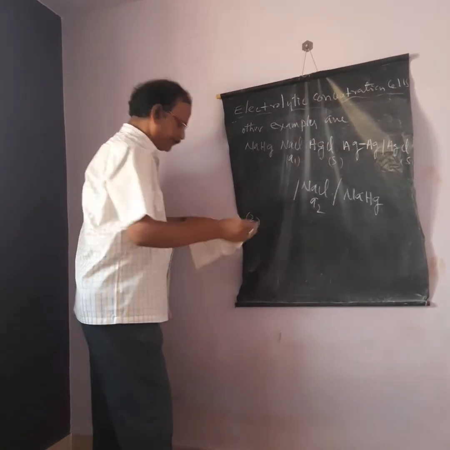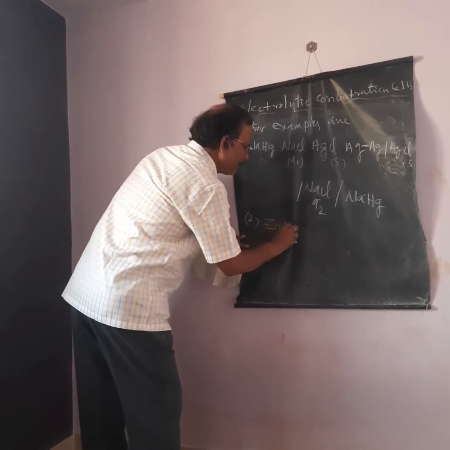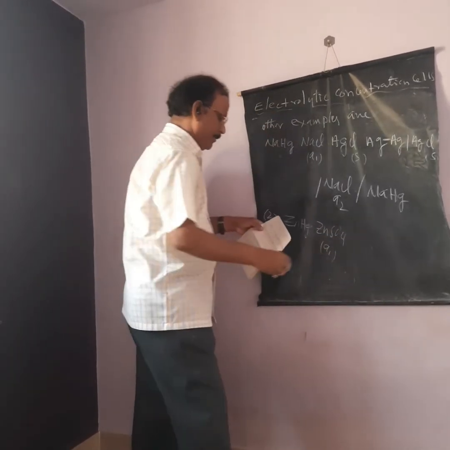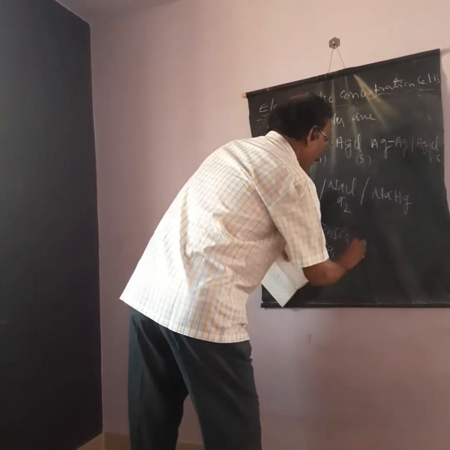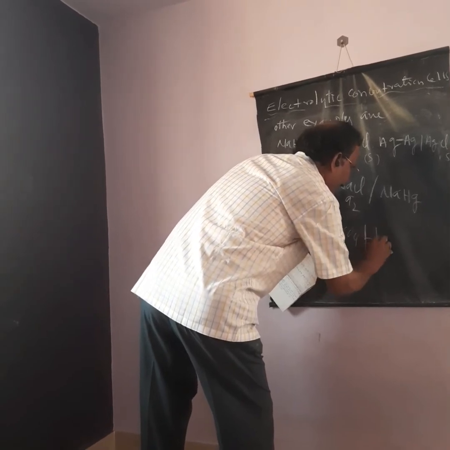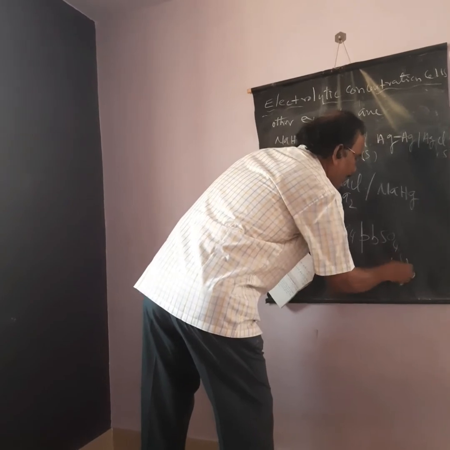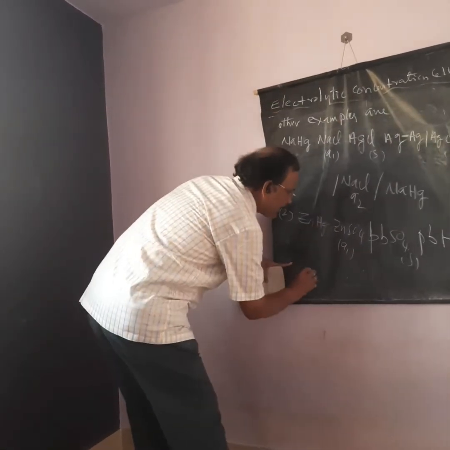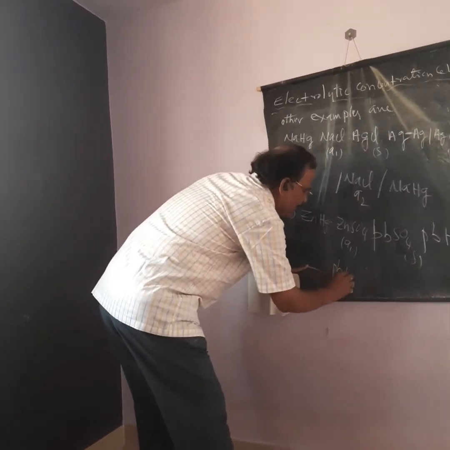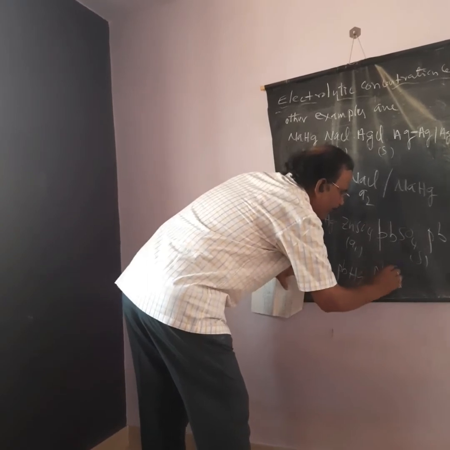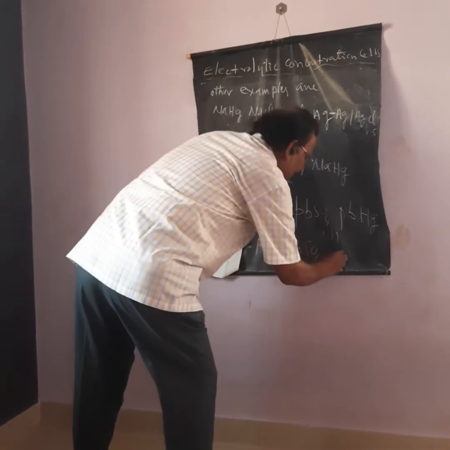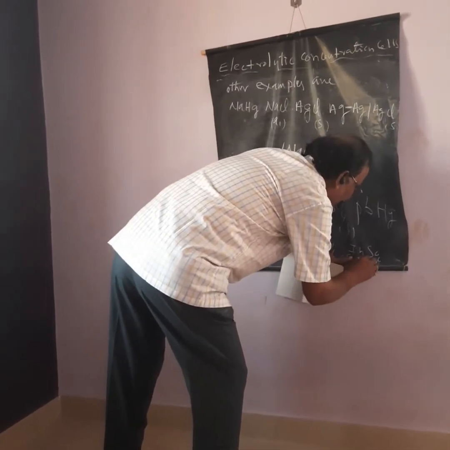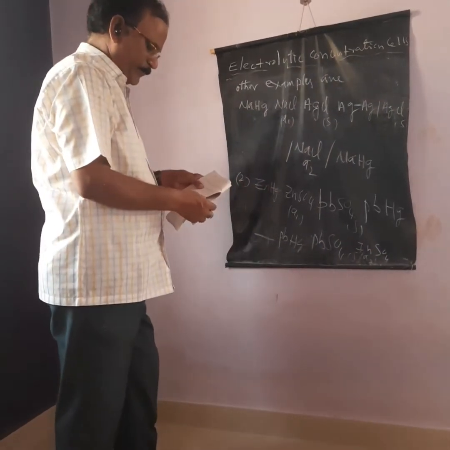And second, the same zinc amalgam, ZnSO4 at activity A1, PbSO4 solid, PbHg, is in contact with PbHg, PbSO4 solid, ZnSO4 at activity A2, and zinc amalgam.